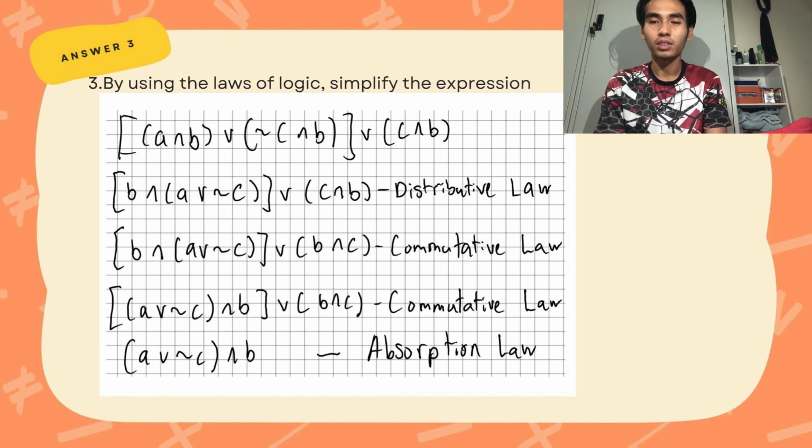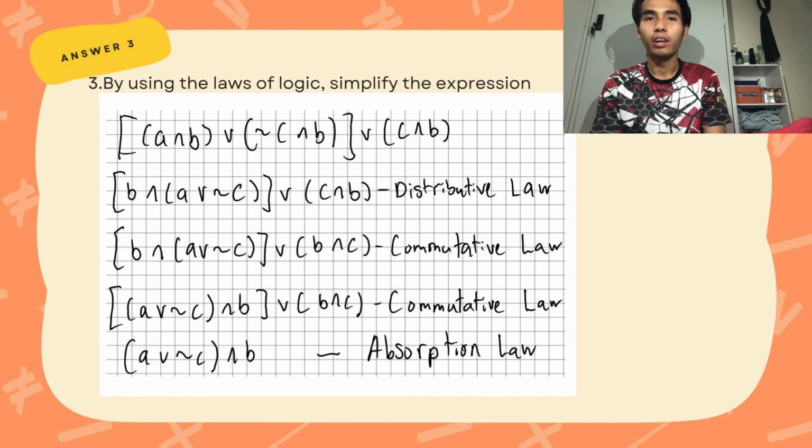Moving on to my question, the third question is, by using the laws of logic, simplify the expression. The expression that we have is (A and B) or (negation C and B) or (C and B).